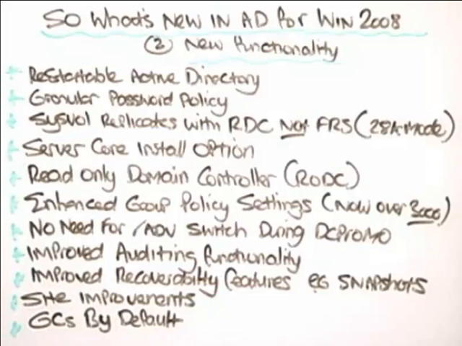And finally, remember that global catalog servers are enabled by default. And why is this? Well, it's basically because we've now got the bandwidth that we didn't have 10 years ago. But that's just a quick look at some of the new features that Active Directory brings for Windows Server 2008.